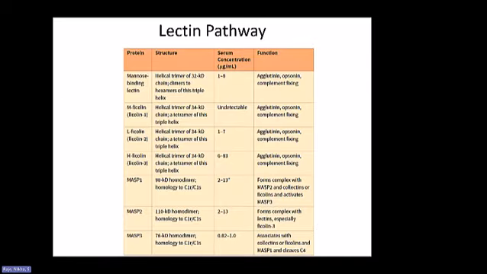Lectin pathway has very similar structure to C1, but the proteins are named differently: mannose binding lectin, and instead of C1R and C1S molecules, there is something called MASP1, MASP2, MASP3. They have the enzymatic activity. Similar to that, there is ficolin that has also similar structure to MBL.